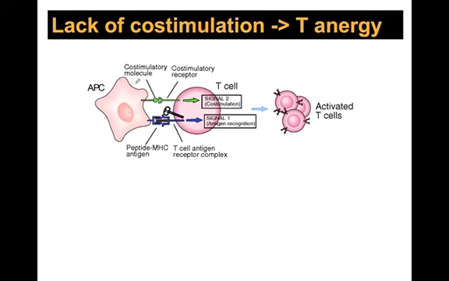But what happens is here's our antigen presenting cell. And it's taken up antigen, it's processed it, it's put it onto MHC proteins. In this case, we're not distinguishing between which ones. It's got a PAMP receptor signal, so it's upregulating co-stimulatory proteins and adhesion proteins so these cells can stick together. And the T cell will come along and get both the antigen signal, which we typically call signal 1, and the co-stimulatory signal, which we call signal 2.